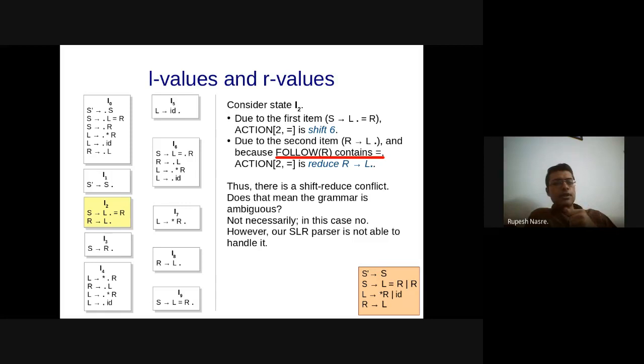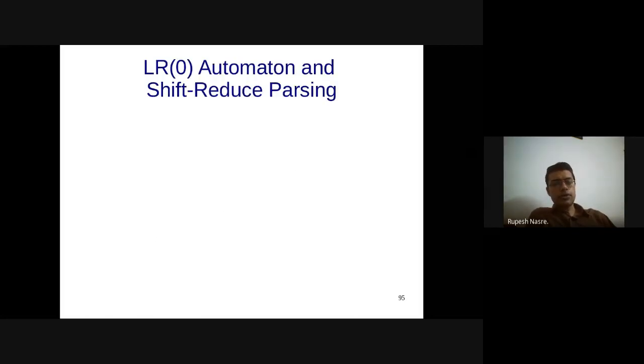But the SLR1 grammar is definitely ambiguous. I think I meant language here. Does this mean that the language is ambiguous? No, not necessarily. In this case, the language generated by this grammar is not ambiguous. We might be able to come up with a different grammar to support it. All right, so let's move ahead.